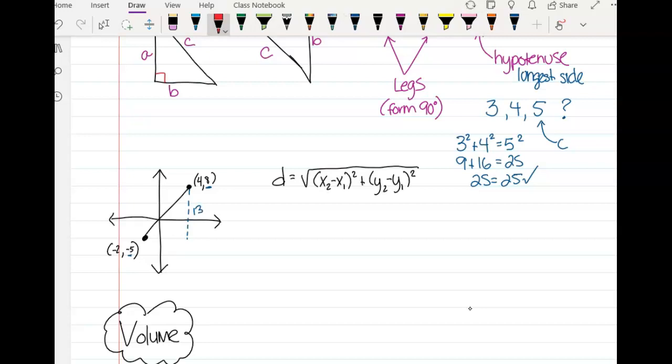And then this distance here to form that right angle, that's the distance between my x values. So from -2 to 4, that's 6 spaces. Then I can use the Pythagorean theorem and say, 6 squared plus 13 squared is equal to that diagonal squared.